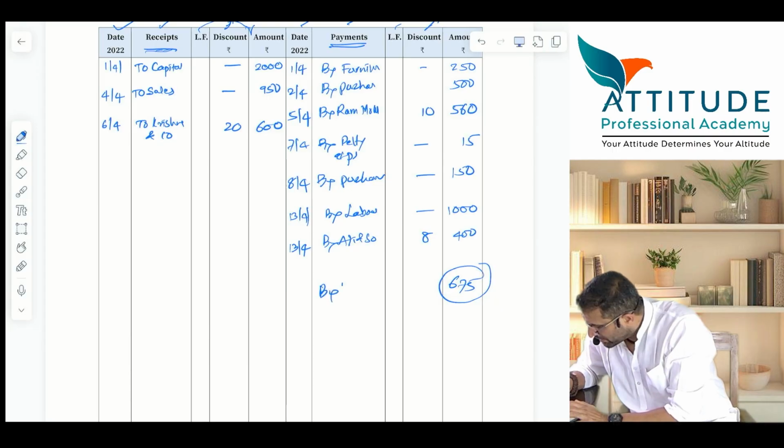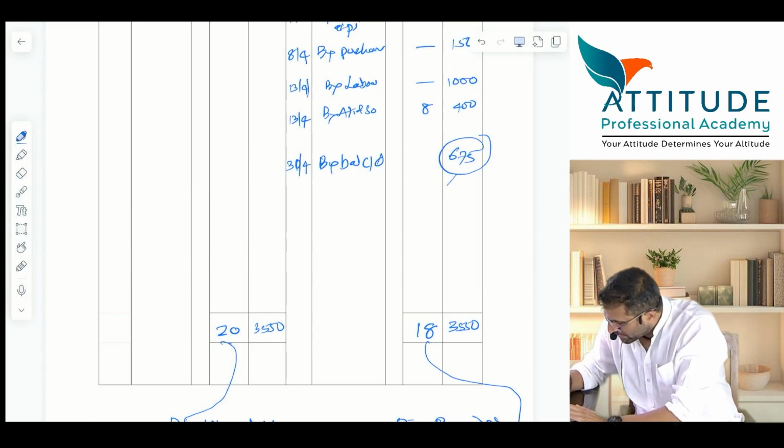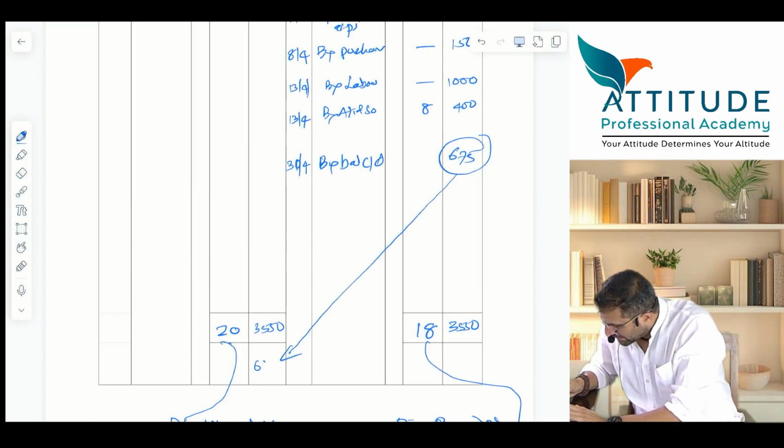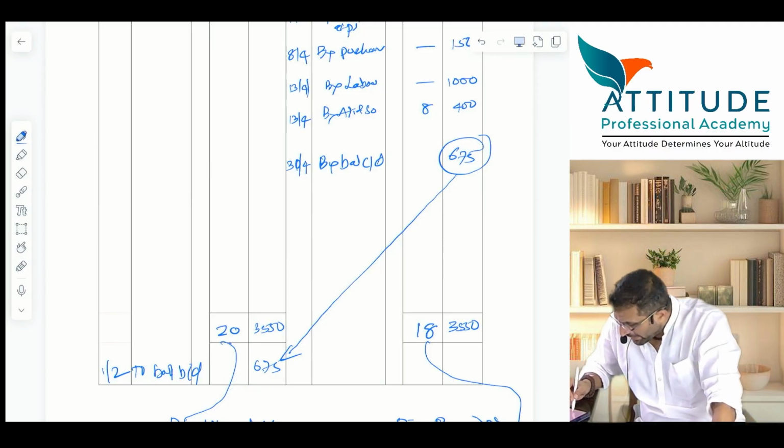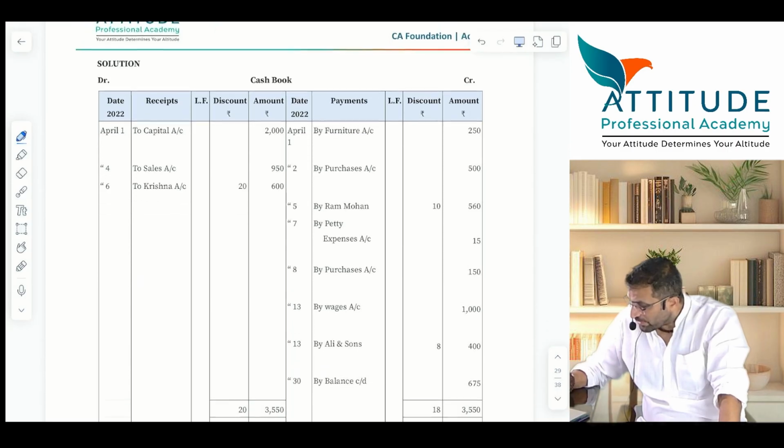By balance carried down. That is 31st April or 30th April. Sorry, and this will be next, 675 to balance brought down. Opening balance on 1st Feb. Sorry, 1st May. May, right? 1st May. Is that clear? Understood? Have a look at it.